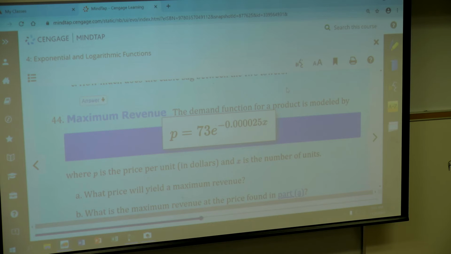So 73 multiplied by negative 0.0000025 times e^(-0.0000025x) equal to 0.